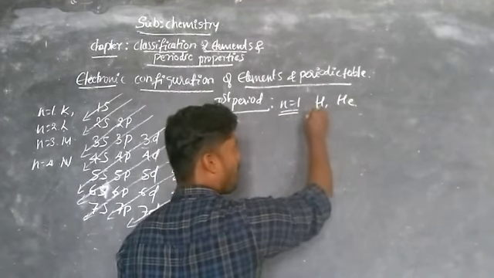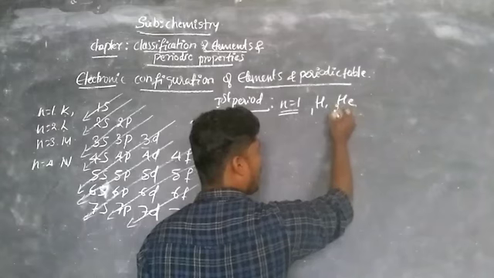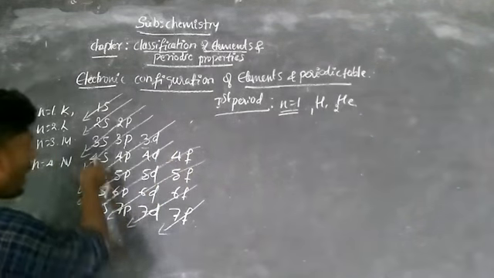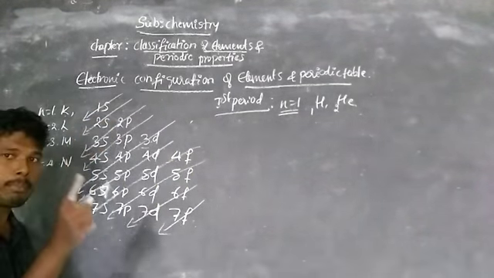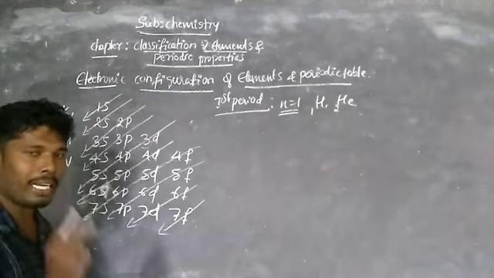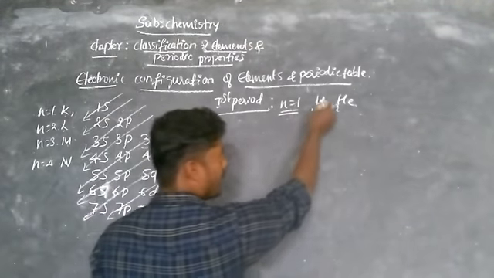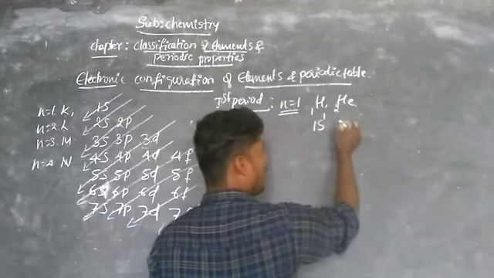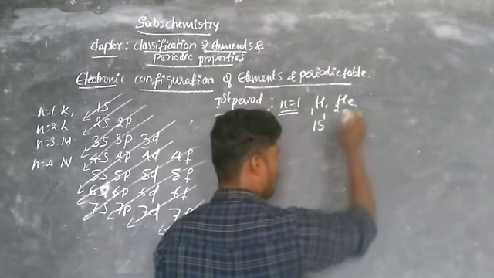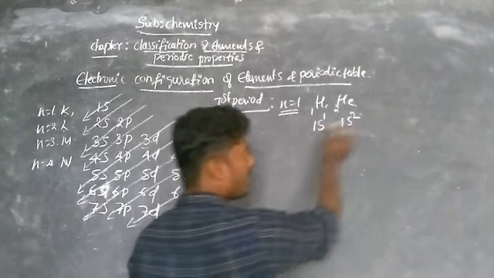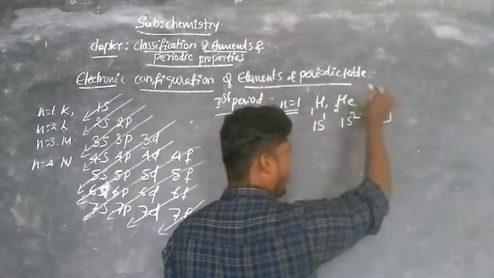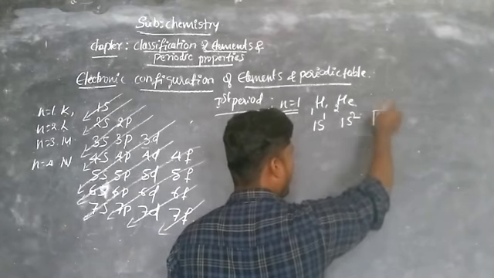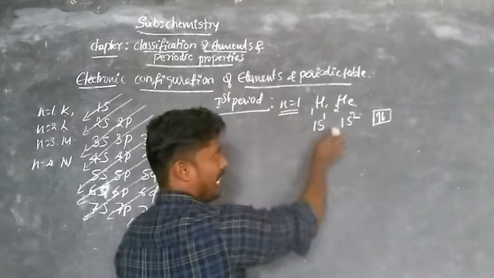The atomic number of hydrogen is 1 and the atomic number of helium is 2. Okay, you know the s orbital can hold a maximum of 2 electrons only. So the hydrogen electronic configuration is 1s1 and helium is 1s2. See here, the s orbital is represented like that for our convenience, and the 2 electrons are filled like that with opposite spin for helium.